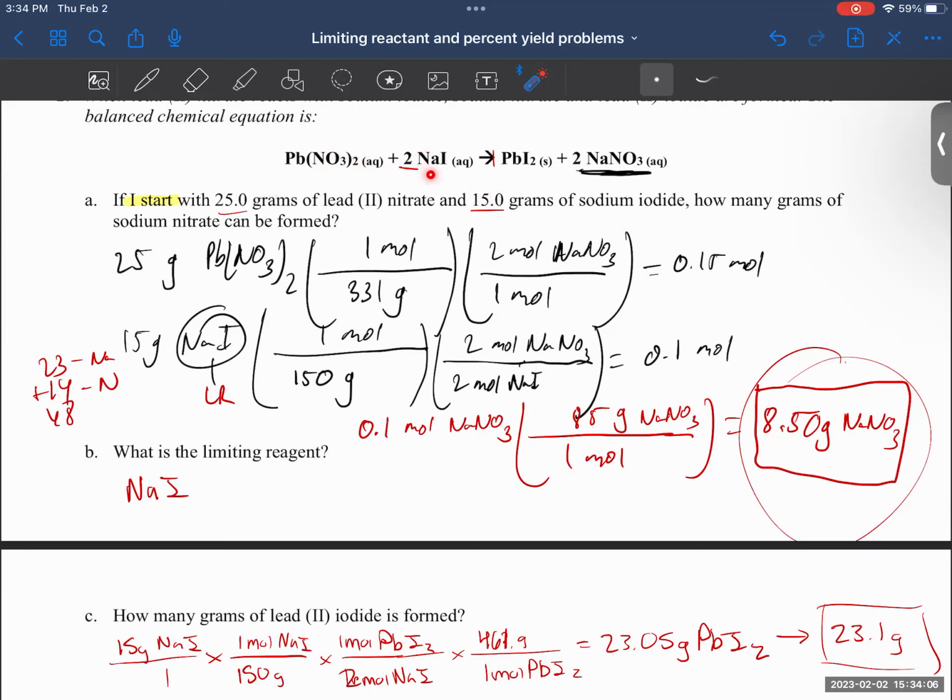Then we use the molar ratios from the balanced chemical equation to convert from moles of lead-2 nitrate to moles of sodium nitrate, our product, right? We got that from here. For every 1 mole of lead-2 nitrate, 2 moles of sodium nitrate are produced.